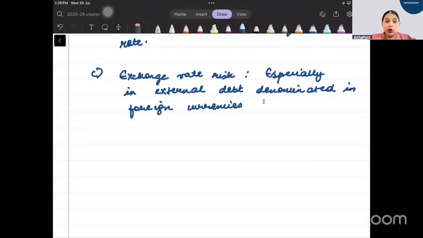So if I have taken a loan from outside India, then I have this external rate risk also.